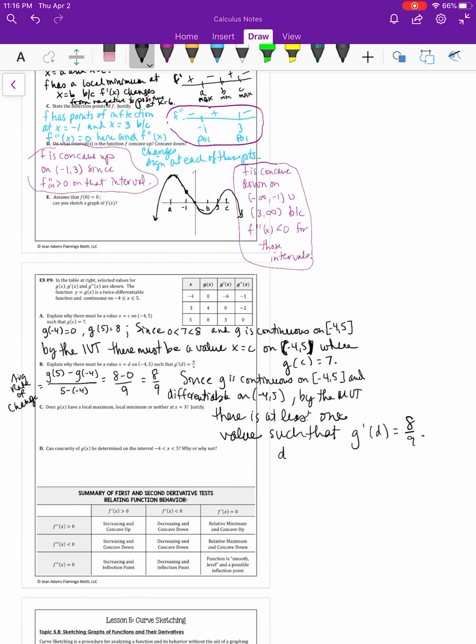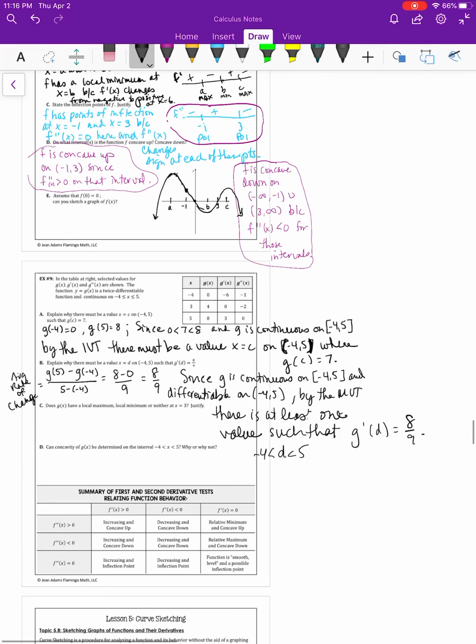Okay, right? One value d in -4, 5 such that g prime of d is 8/9.